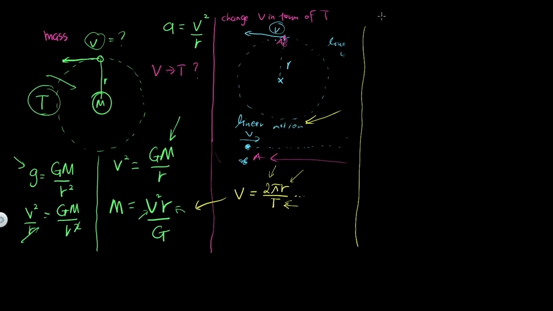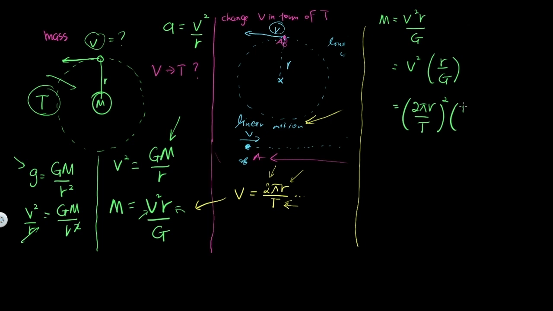So M, write the equation again: V squared R divided by G. Then we will substitute the value of V. First take out the V squared, so what is left there is R over G. Then substitute V with 2 pi R divided by T. Don't forget the square.